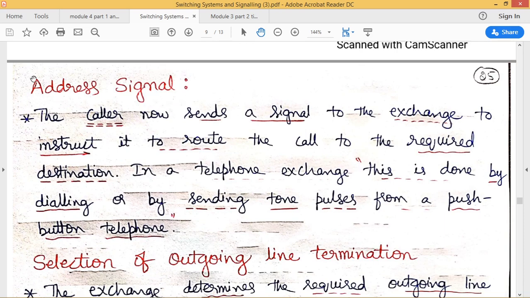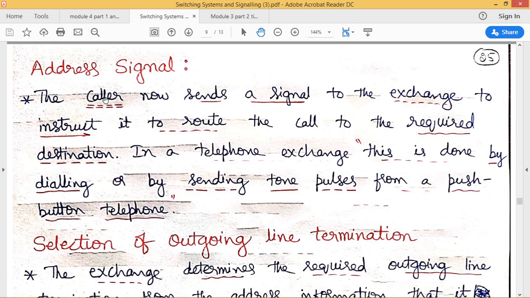Basically this address signal will have the data of the called party to whom the call has to be made. So the caller now sends a signal to the exchange to instruct it to route the call to the required destination.